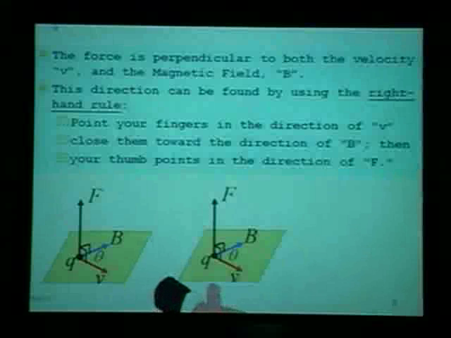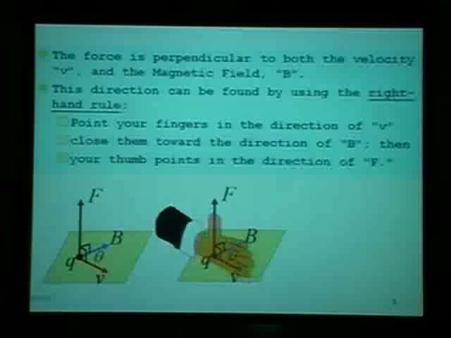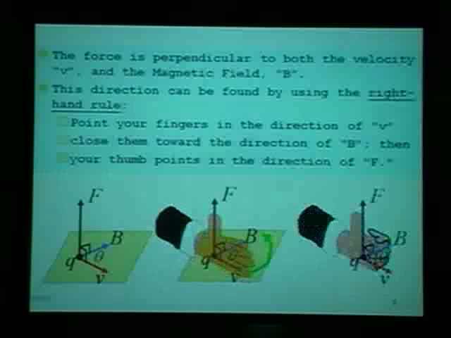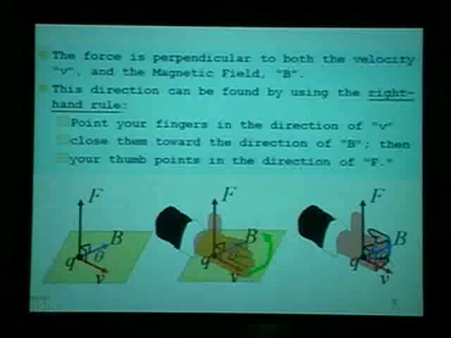It looks like this. That's about as best as I can draw with the cursor. That's your cross product, right? Going in the direction of the first vector, close on the second, perpendicular to the plane. That's if your charge were positive.